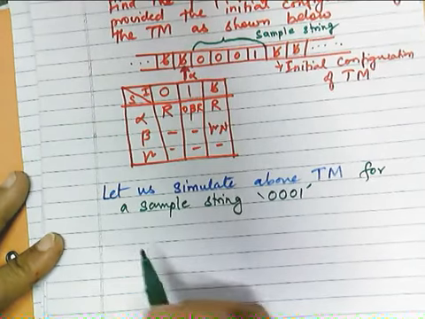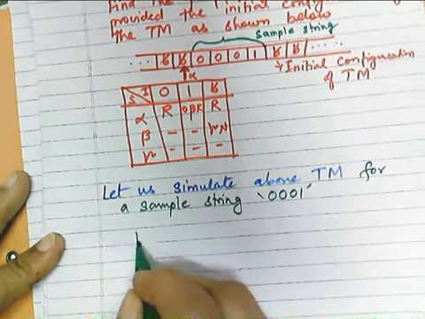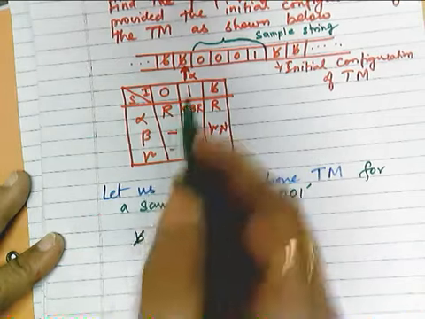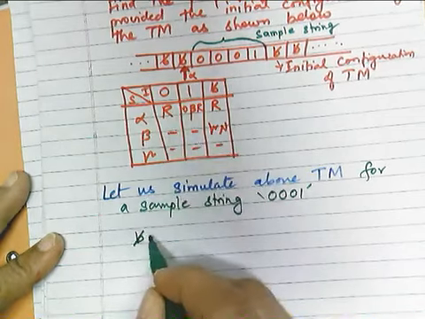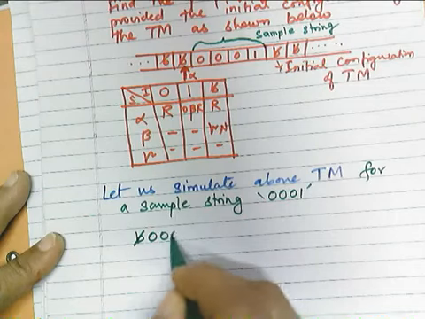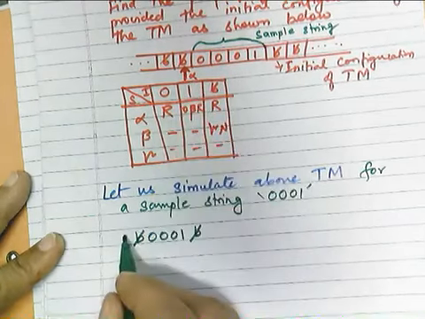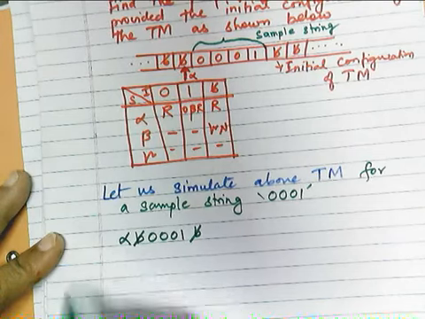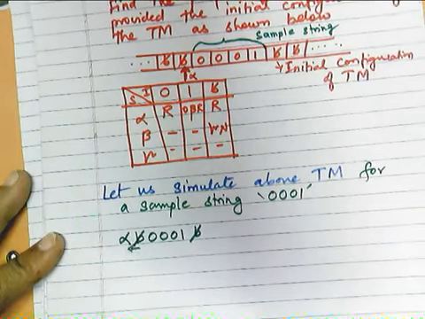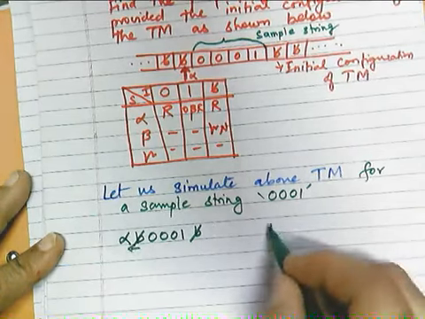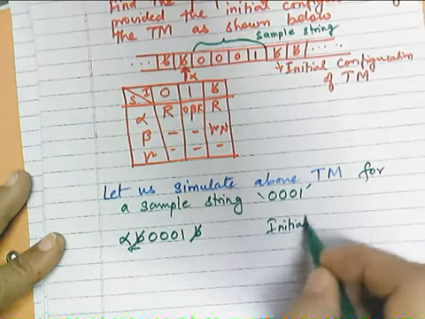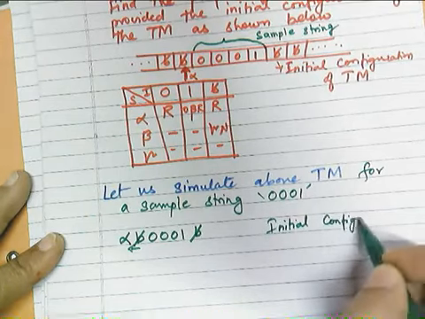Which symbol are we going to read? We are going to read the blank. So our whole string is blank, 0, 0, 0, 1 and blank, and our state is written to the left of this. So this is the initial configuration of the TM, right?